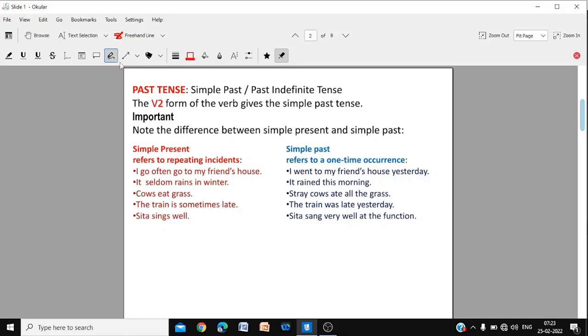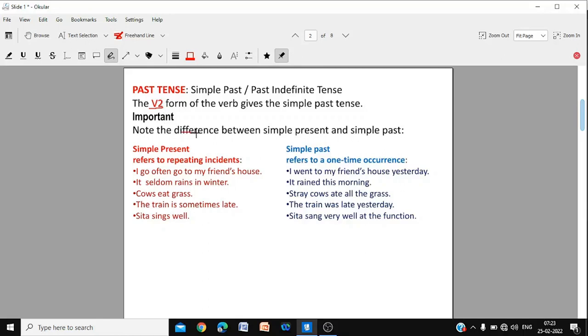The V2 form of the verb gives a simple past tense. V1 and V5 give the simple present tense and V2 gives the simple past tense. Now note one very important difference between the simple present and the simple past.